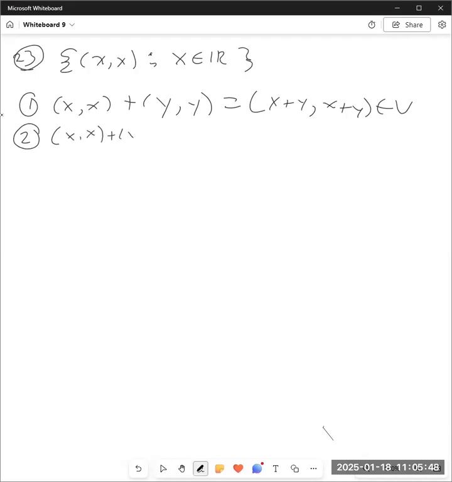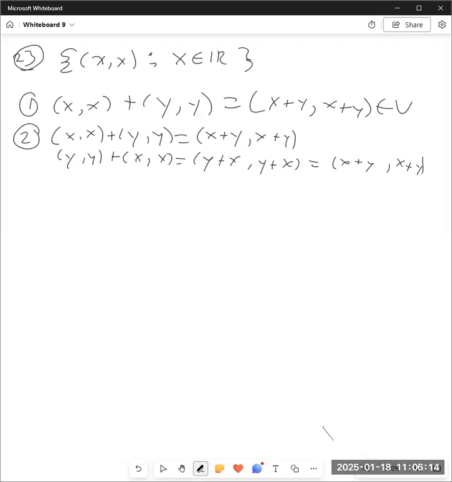Then x plus y equals y plus x, which is equal to x plus y. So we're good on number 2.